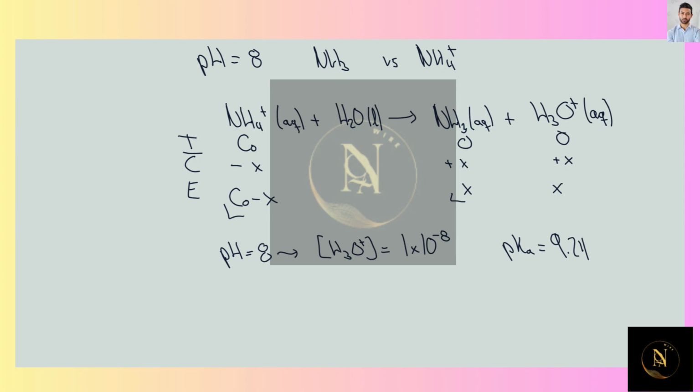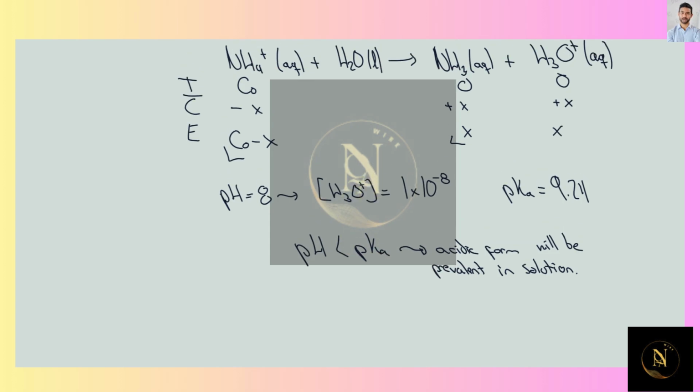In this case, since the pH is equal to 8 and the pH is lower than the value for the pKa for the acid, that means that the acidic form will be prevalent in solution. And according to the equilibrium, while keeping a pH equal to 8, we should have exactly 1 times 10 to the minus 8 of NH3.